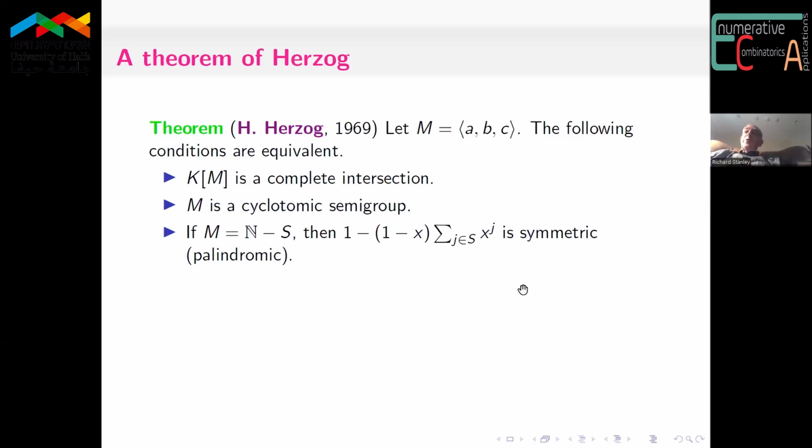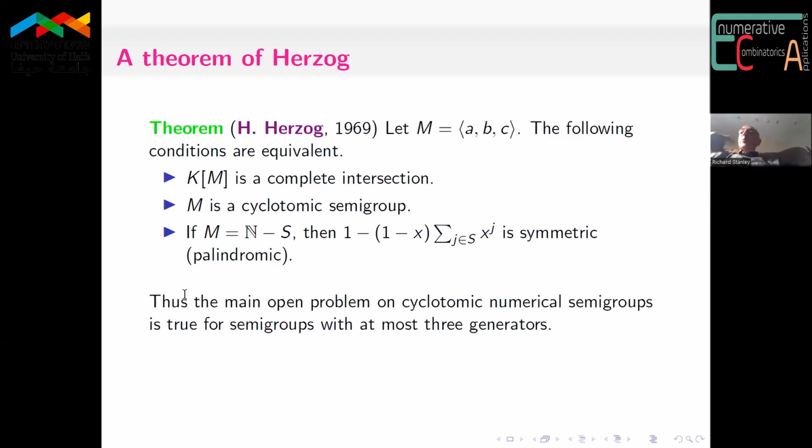Remember, in general, that was far from true. You had an exponential number of symmetric polynomials with a given maximum element D of S, but around a linear number of them cyclotomic. And for people who know commutative algebra, this also turns out to be equivalent to K of M being Gorenstein, which in general is weaker than being a complete intersection.